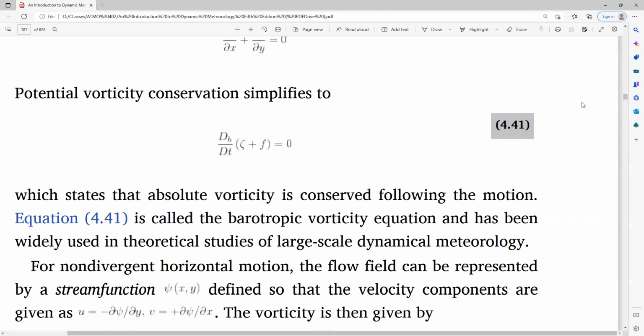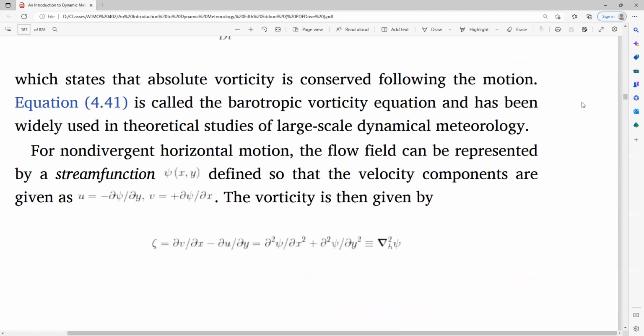And you can write u and v in terms of the stream function psi. Here. That's the definition of the stream function.